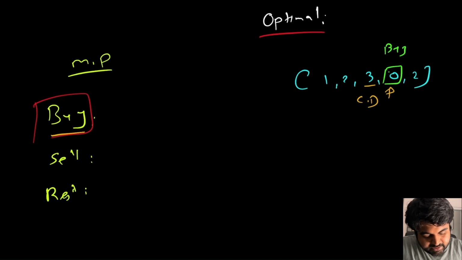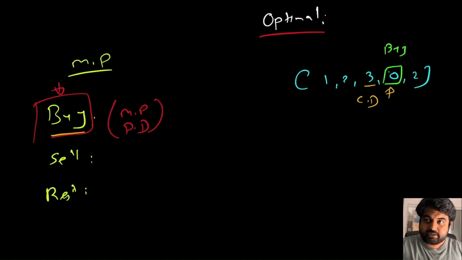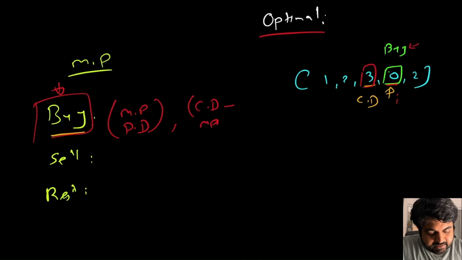Number one value is the maximum profit we were achieving on the previous day for this buy operation, and we compare it with what if we did a cool down yesterday and now we are trying to buy: the cool down maximum profit for the previous day minus the price on this particular day.